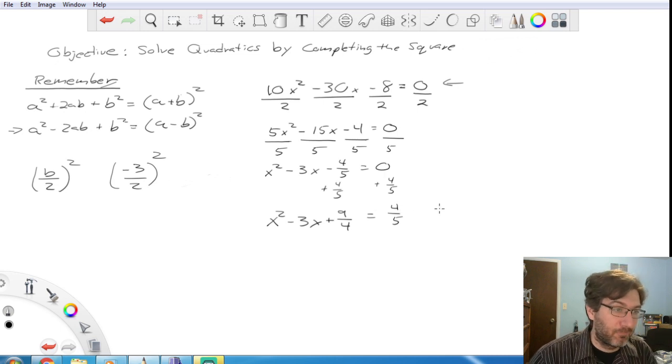And it gets there. Now we need to solve. It is in this form now, so we are going to go ahead and rewrite it as x minus 9/4.